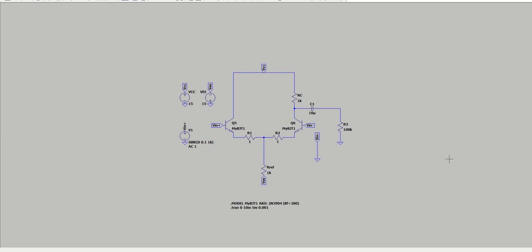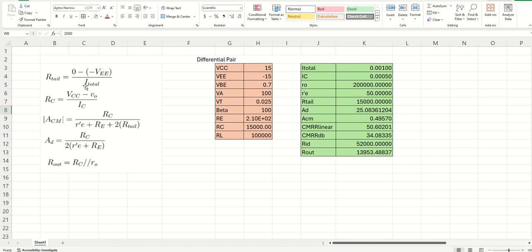So the first step is you want to choose an appropriate RC value. To do that, I used calculations in Excel.